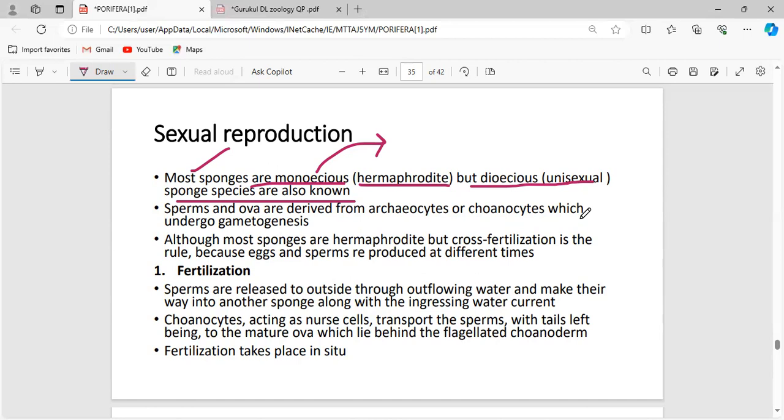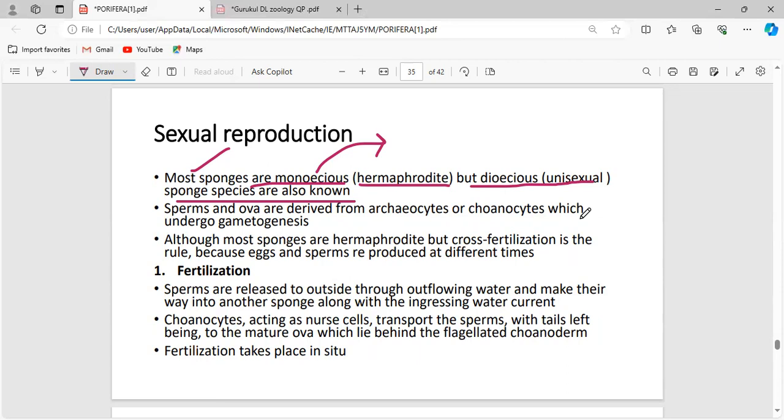See, most sponges are monoecious. Monoecious means the sexes are not separate, which means both male and female sex organs will be present in the same individual. In case it is dioecious, the female will be a separate individual and the male will be a separate individual. They individually give rise to their own gametes and finally they fuse together and fertilization will occur.